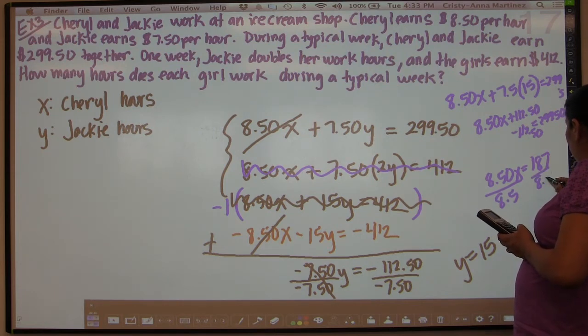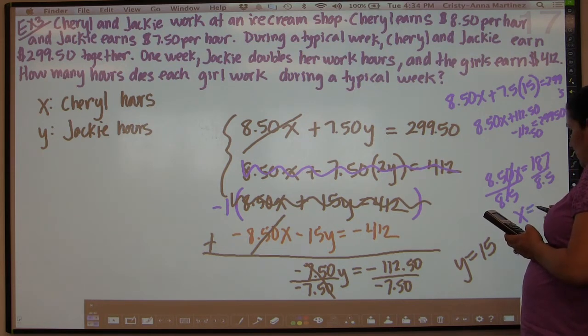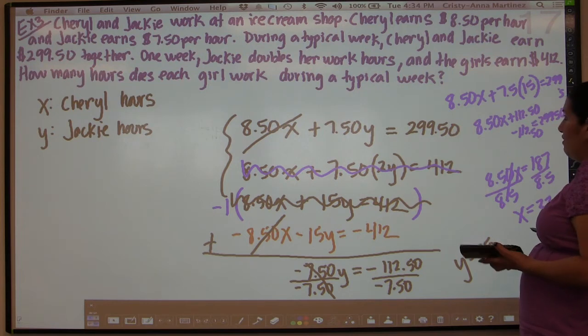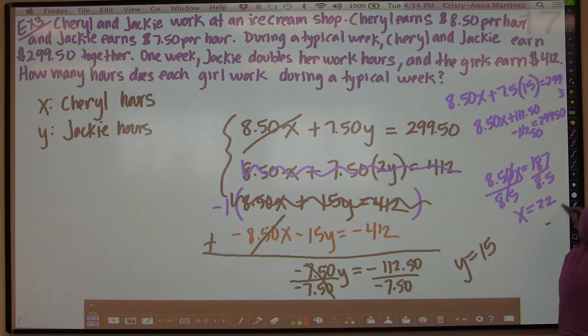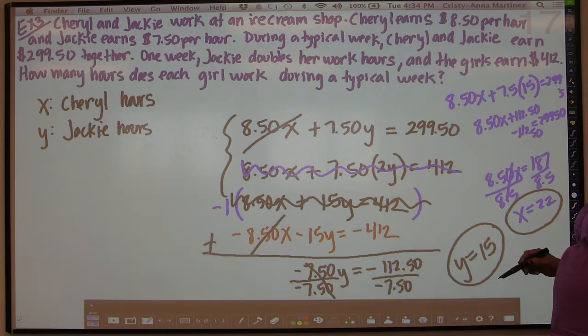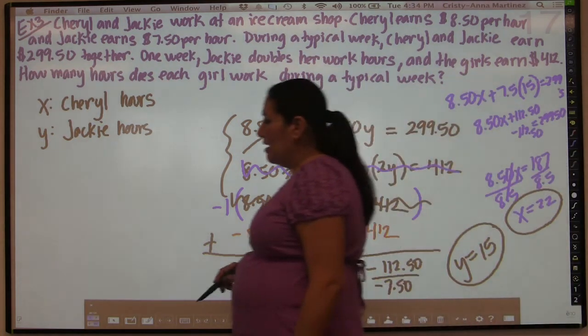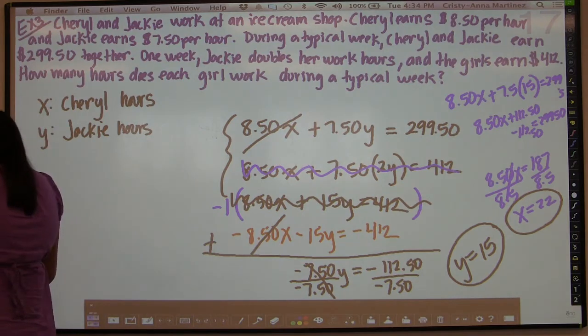Divide that by 8.50 and you get 22, which means that Cheryl worked 22 hours and Jackie worked 15 hours that week. And that is how you do that little guy.